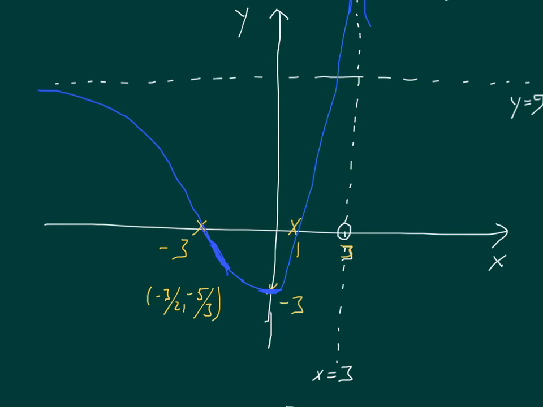Now, looking again at those sign diagrams for f prime and f prime prime, you'll see that we're supposed to decrease for x bigger than 3, and we're supposed to be concave up again for x bigger than 3. So let's draw this so that we're decreasing for x bigger than 3 always, and concave up.